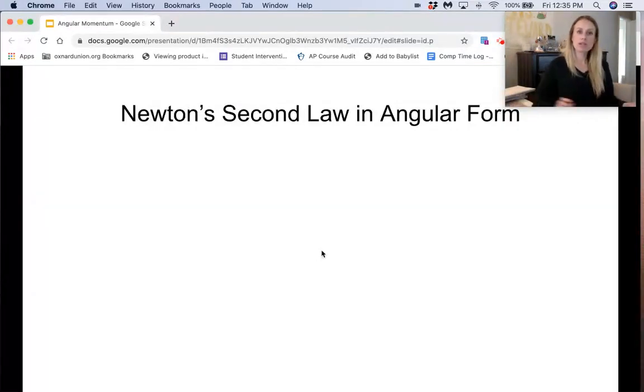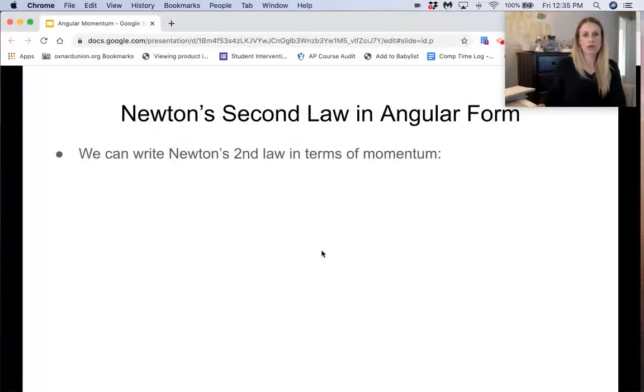All right, so we can also talk about Newton's second law in angular form. So if we write this in terms of momentum, we write the net force equals our change in momentum over change in time. Now this works because, of course, linear momentum is mass times velocity. So here, change in velocity over time, or dv over dt, that of course is acceleration.